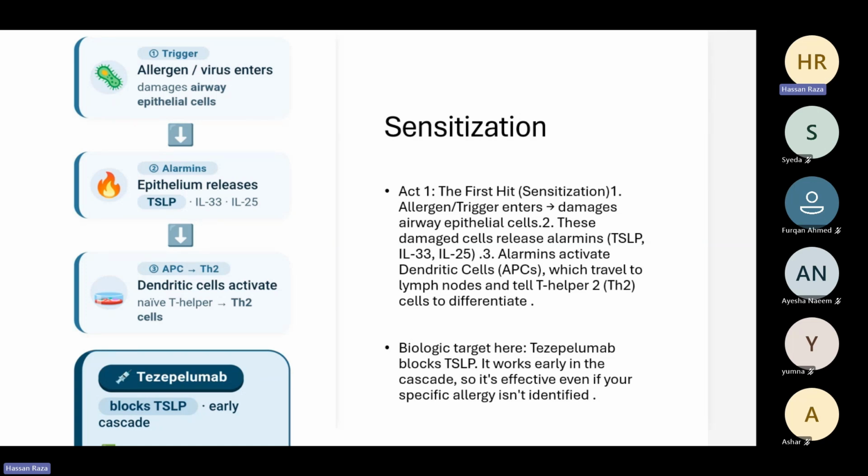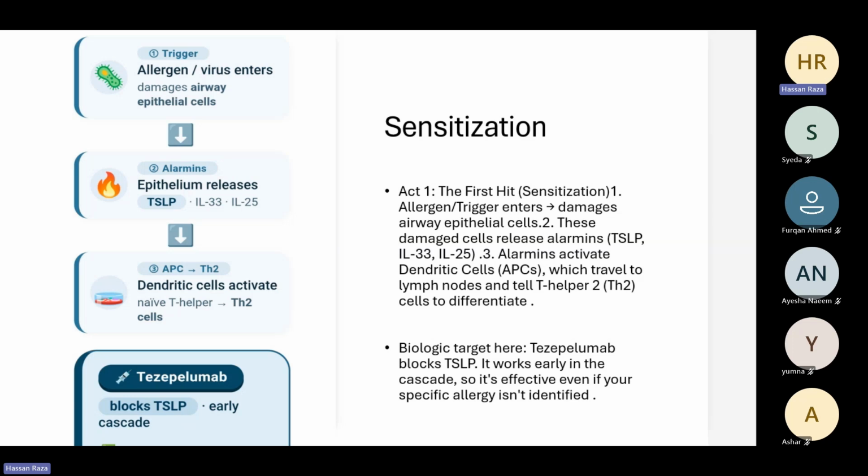For now, just remember this: whenever you inhale a virus which tries to damage your airway epithelial cells, or you inhale any allergen like pollen, dust, etc., your epithelial cells will release alarmins such as TSLP, interleukin 33, and interleukin 25. And what they do is they activate the antigen presenting cells, particularly dendritic cells.